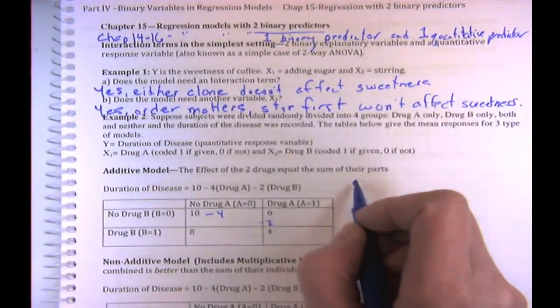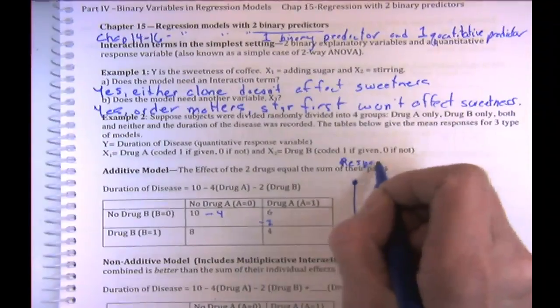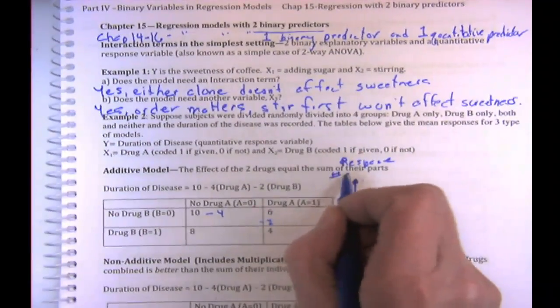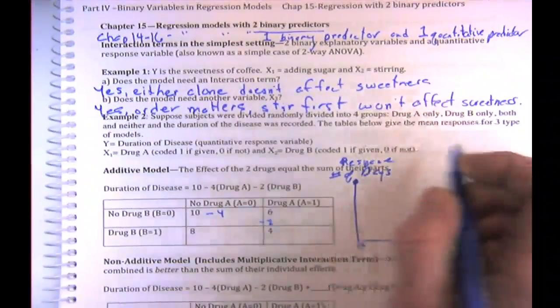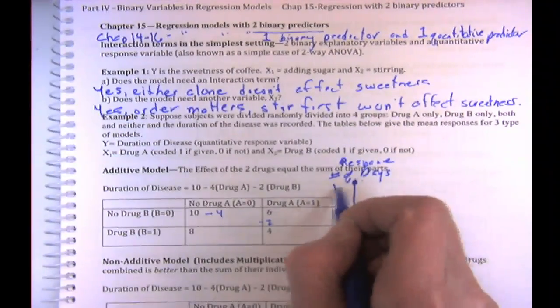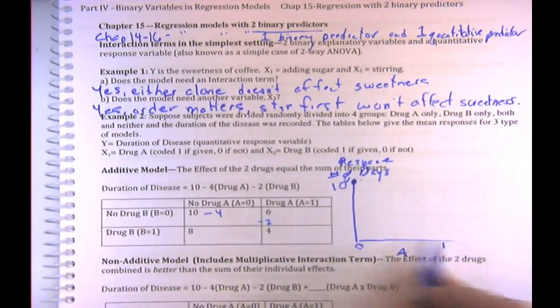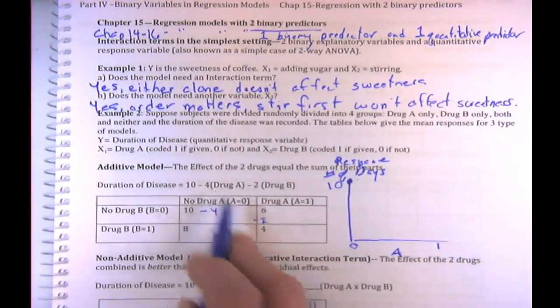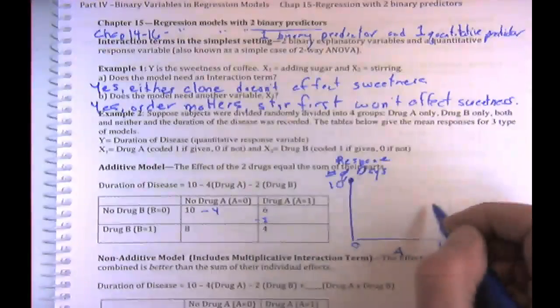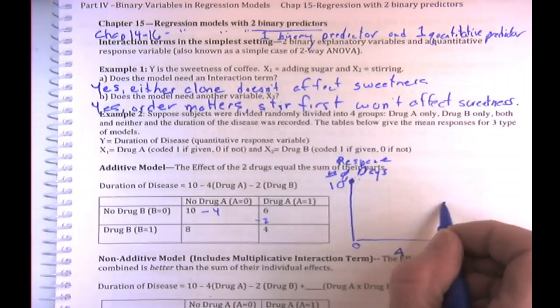This is your response variable, in this case the number of days this cold is going to last. All right, and we're at 10. And then when you're given the drug, the slope is down 4 over 1, down 4. So wherever that is, it's a 6.